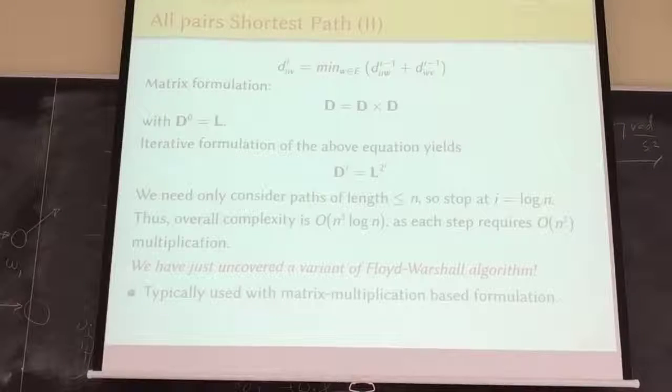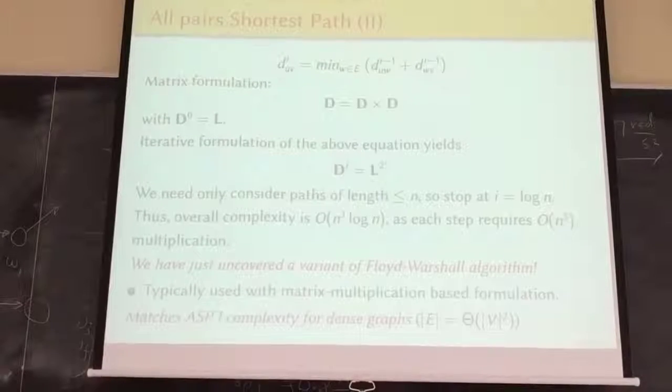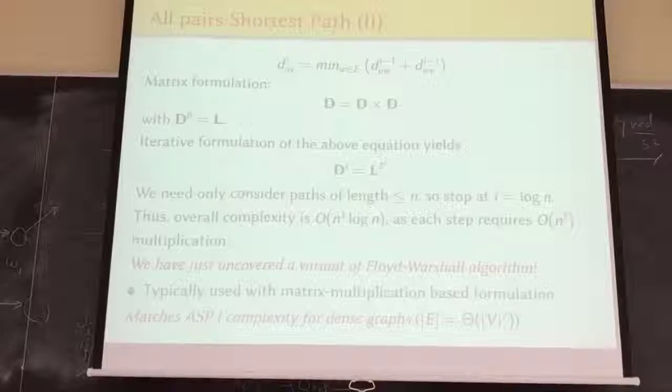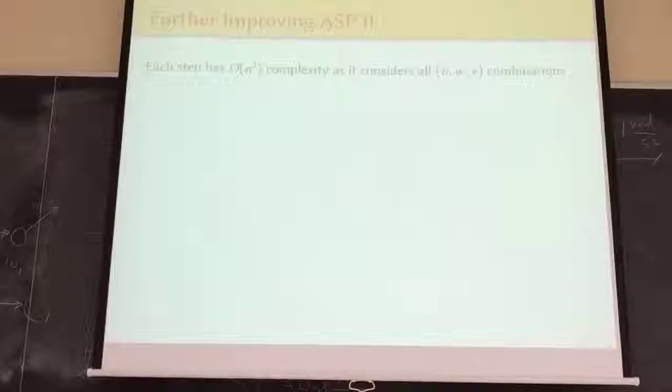So it is a bit more general, but it is remarkable that the simple-minded way of repeating Dijkstra's algorithm n times gives you comparable efficiency, or may even be better efficiency, than algorithms that are purpose designed for the all pairs problem.